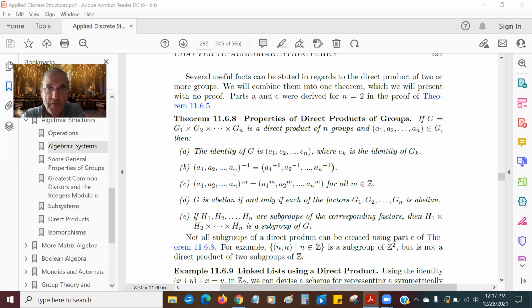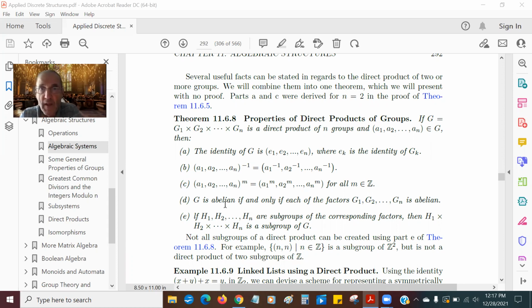The inverse of a particular element is just the inverse of each coordinate. If I take an element raised to the mth power, that's the same as raising each individual component to the mth power.